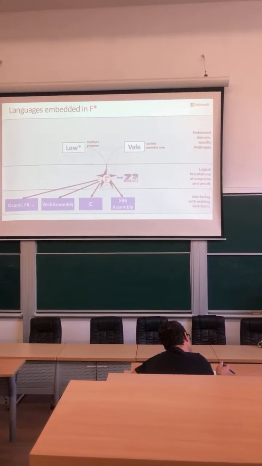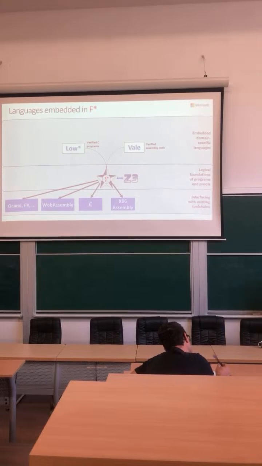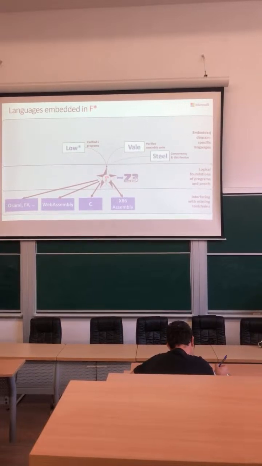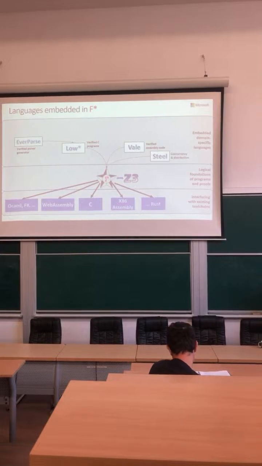Vale serves the purpose of when you have assembly and want to verify it. Then there are other domain-specific languages for concurrency, backends for Rust, sub-languages of the domain-specific language of C, specialized parsers, network parsers, and a host of other ways you can interface with this framework.